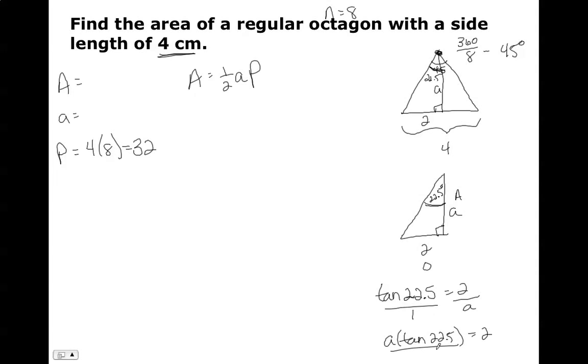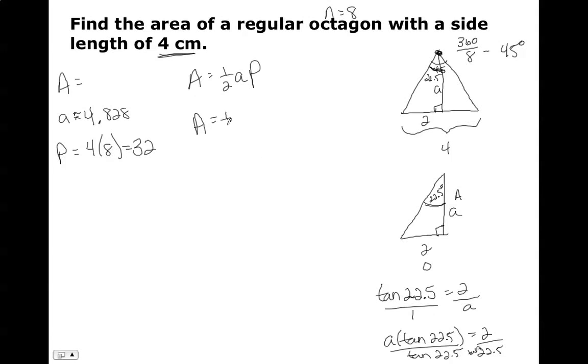You recognize that we are going to divide by the tangent of 22.5. Oops, I left off my tangent. And when you type it in the calculator, you get that your apothem is approximately 4.828. The farther you round, the closer the answer is going to be at the end.